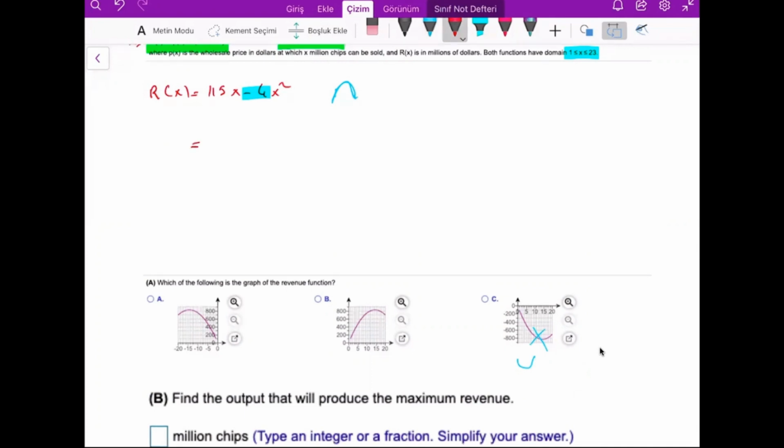So here, by taking minus 4 as a common factor in parentheses, we have x squared minus 155 over 4 x. This is the same thing. So minus 4 times x squared minus 155 over 8 times 2x can be written.